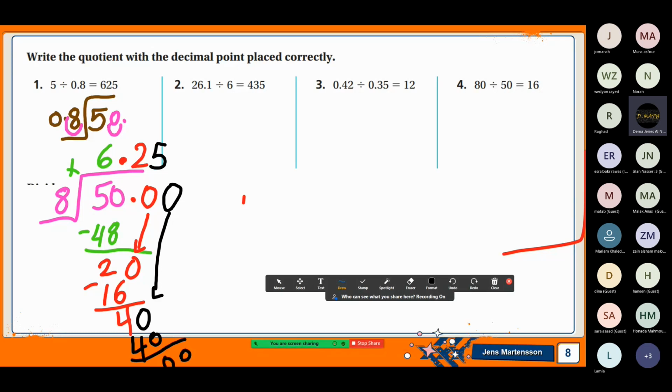And now what about the remainder? Is the remainder now 0? Yes. So this will be 6.25. Thank you.